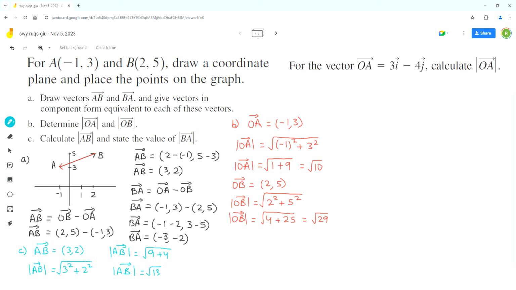Now we can find the magnitude of vector BA. So for that we'll use vector BA from part A. So we got vector BA equal to, so for the magnitude we'll square the components, add the squares and then apply square root.